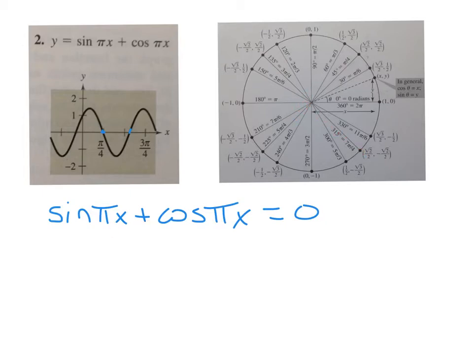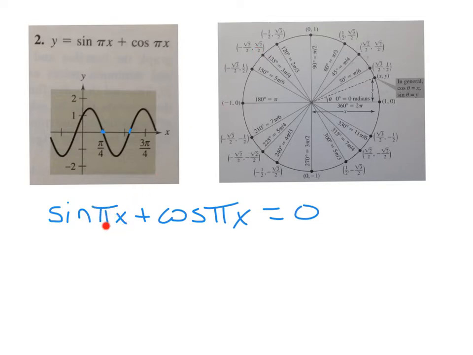Since we're adding and they need to both cancel, we need to concentrate on the second and the fourth quadrant because the signs are opposite on these radical 2 over 2's. So we'll just start with this one. We want to take the sine of 3 pi over 4 because we know that the sine of 3 pi over 4 will give us radical 2 over 2.